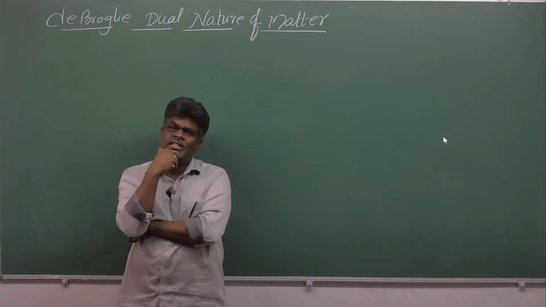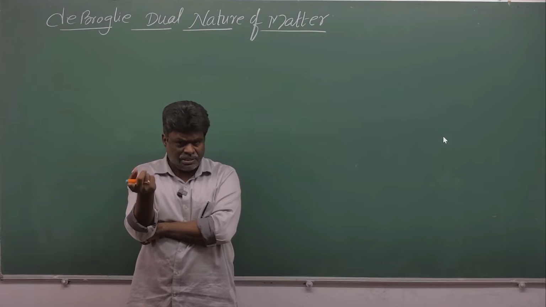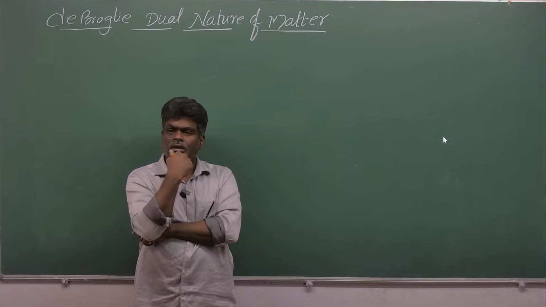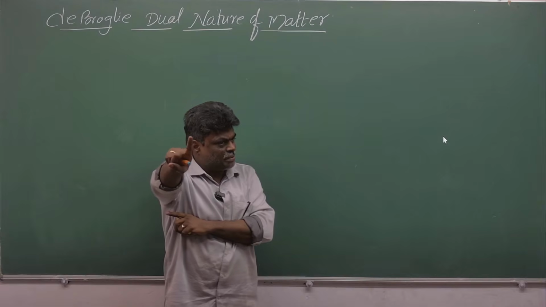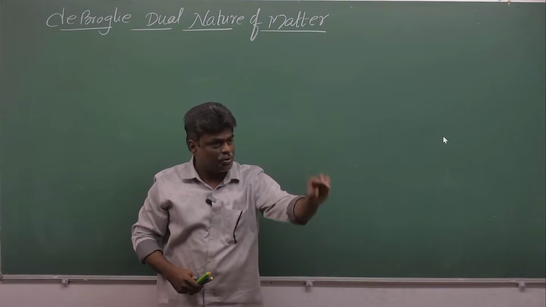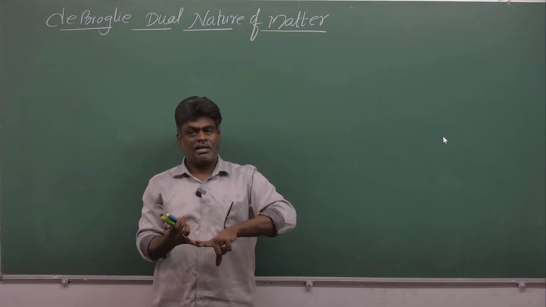This entire nature is made up of light, radiation and matter. Already people decided, from the photoelectric effect and Compton effect, that light has dual nature: both wave nature as well as particle nature.